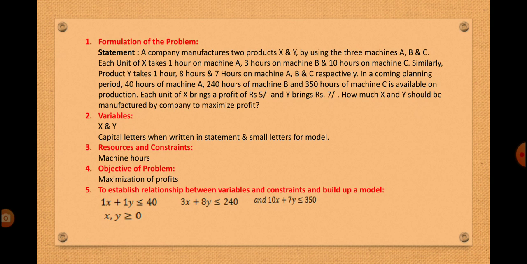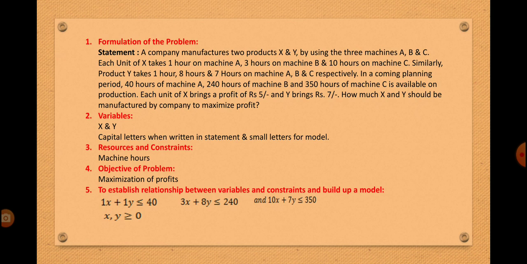The competing candidates, X and Y, have to use these available resources, which are limited in nature. In our statement, machine A has 40 hours available, machine B has a capacity of 240 hours and machine C has 350 hours. The products have to use these machine hours in the required proportion.